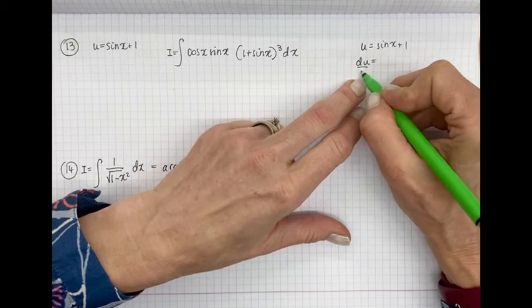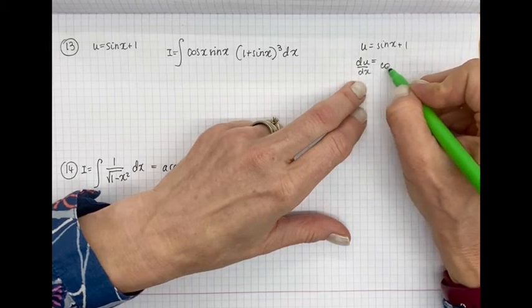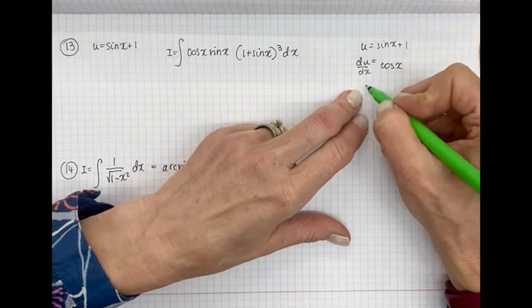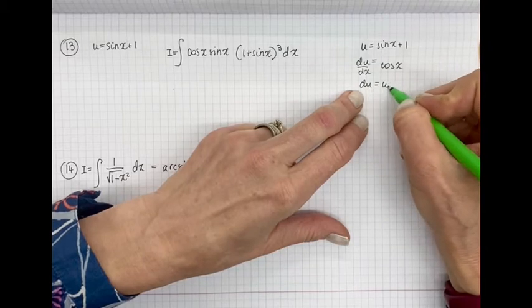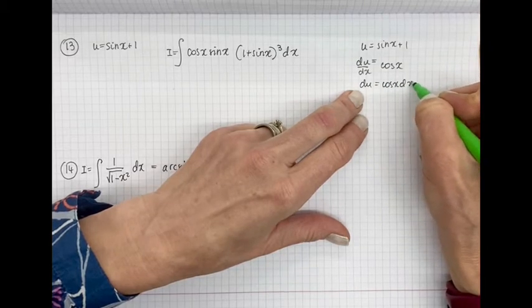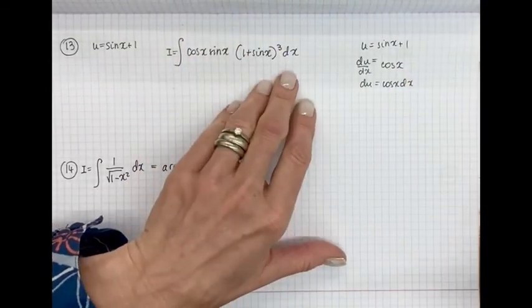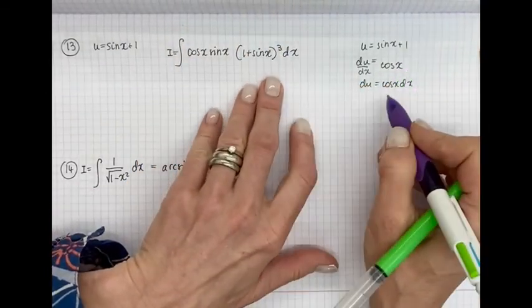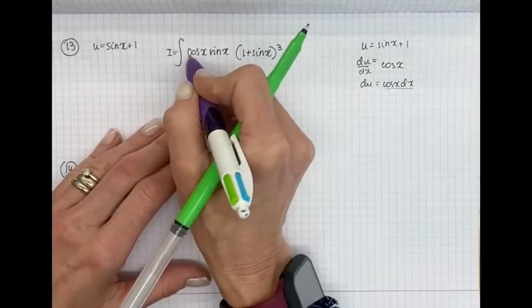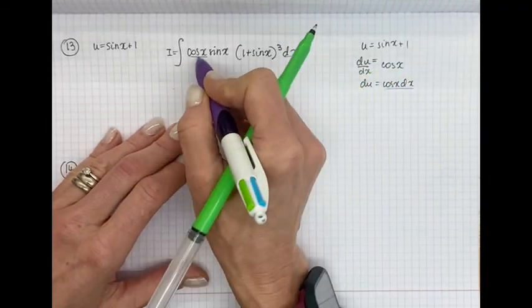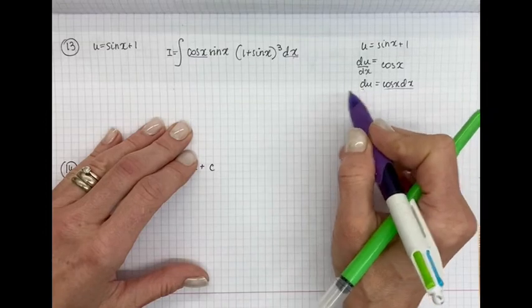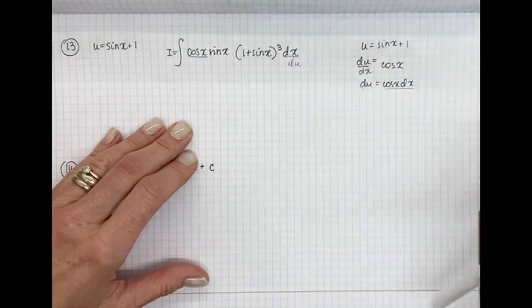So du/dx is the replacement for, it's cos x. So du is cos x dx. Remember, don't just go straight away, dx is du over cos x. You could, but just before you do that, think, have I got cos x dx? And the answer is yes. So these two are worth du. So they will be replaced with du.